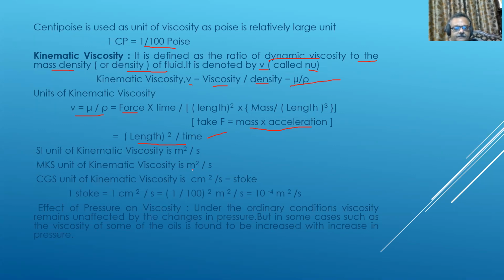MKS is also the same unit, and the CGS unit of kinematic viscosity is centimeter square per second, which is equal to stoke. 1 stoke is equal to 1 centimeter square per second. So these are the units of kinematic viscosity in SI, MKS and CGS units.